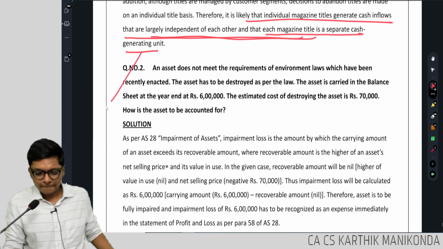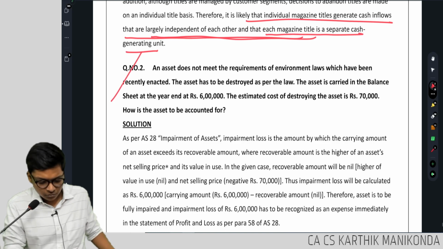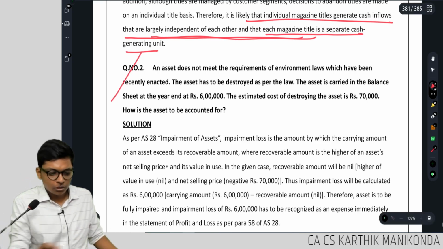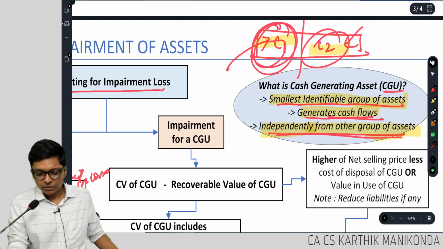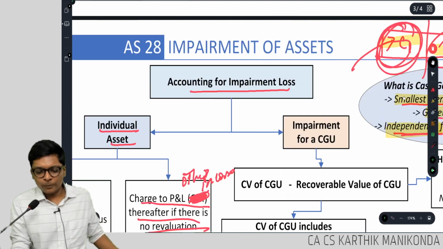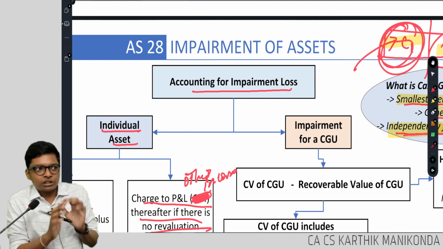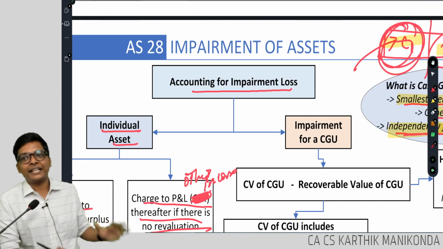Yes, Vignesh. Yes, CGU. Meaning of CGU: cash generating unit. This is the definition. See, CGU does not mean one asset separately. One asset can't generate cash; a group of assets generates cash.